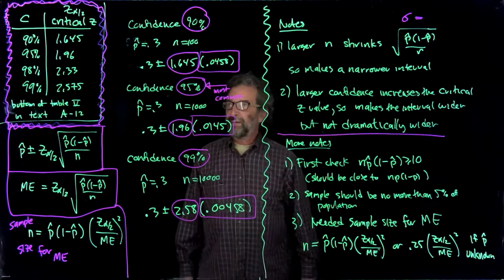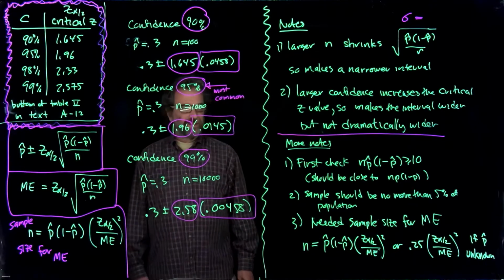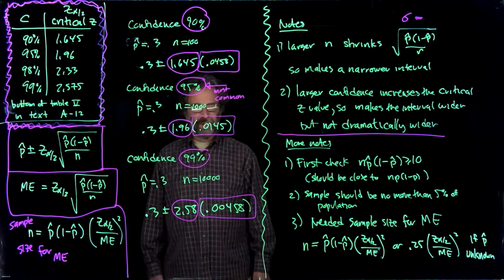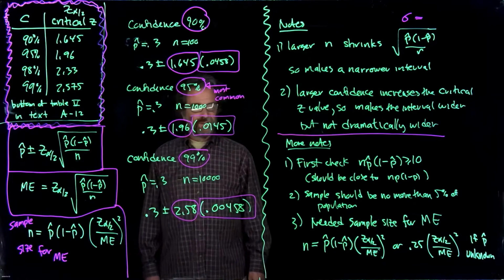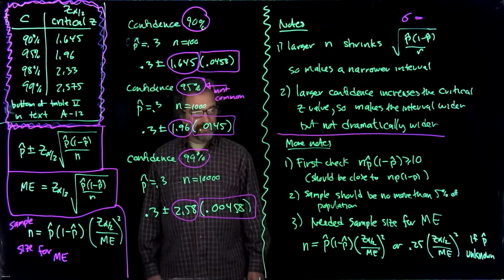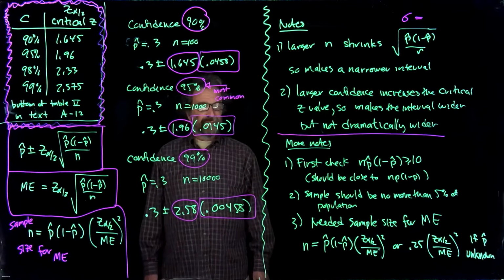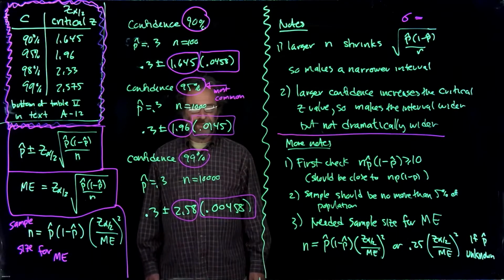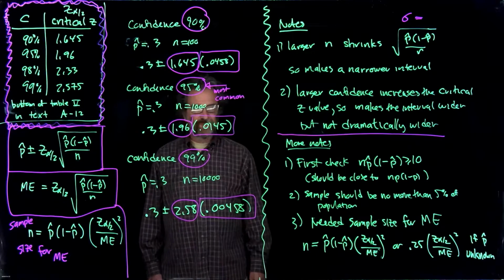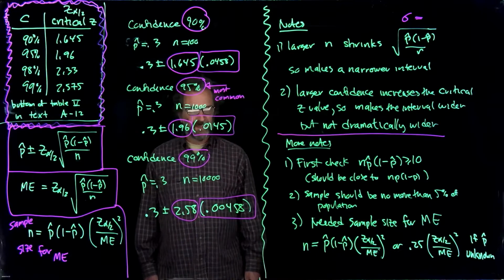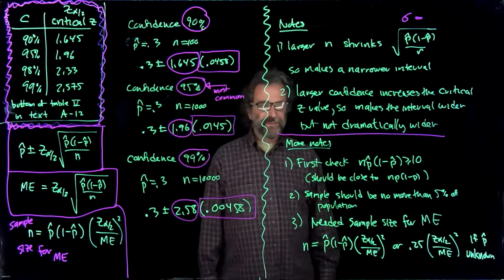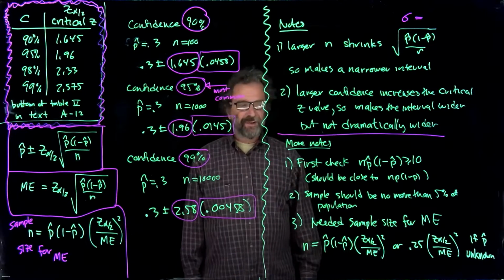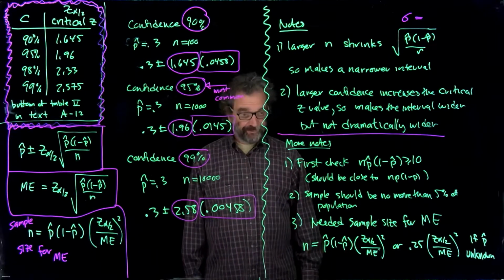So if you're sampling more than 5% of the population, you'd have to consult an expert as to how you decide what the margin of error is. As you sample a larger and larger part of the population, probably your proportion is more accurate than you would think. It's not as random because it's chewing up a lot of the population, and that kind of gets rid of some of the randomness. So probably you could use a smaller margin of error, but you have to consult an expert on that.